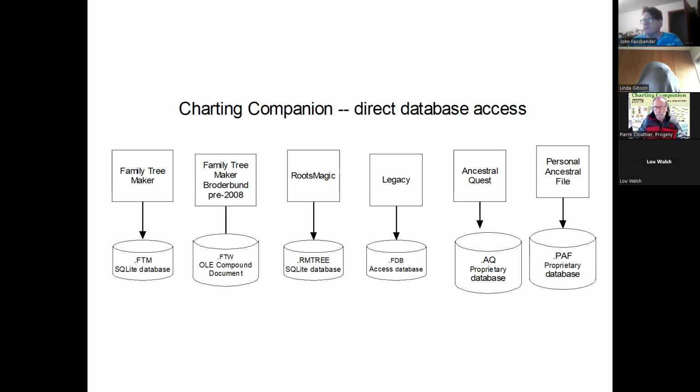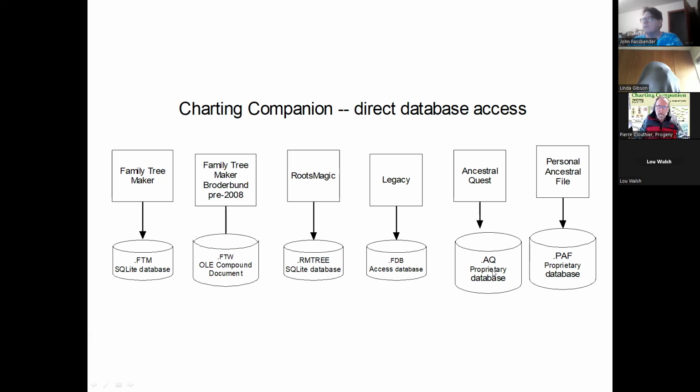As you probably know, every genealogy program stores its data in a database. For example, Personal Ancestral File, which is one of the granddaddy of genealogy programs, came out in the 80s. They use their own proprietary database technology, mainly because there was no relational database software available in the 80s when they came out.